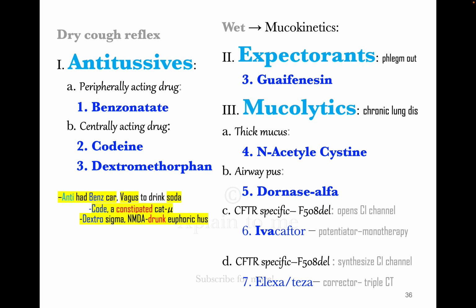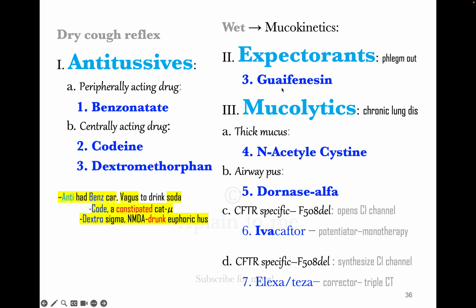During a cold, most of the time that may be due to viral infection, right? Viral cold generally starts with very thin mucus and a lot of mucus secretion. Therefore, with this expectorant mechanism, we expect guaifenesin to dilute mucus.